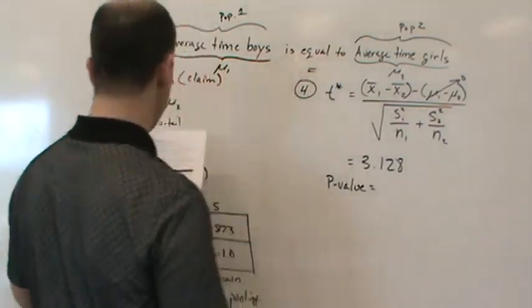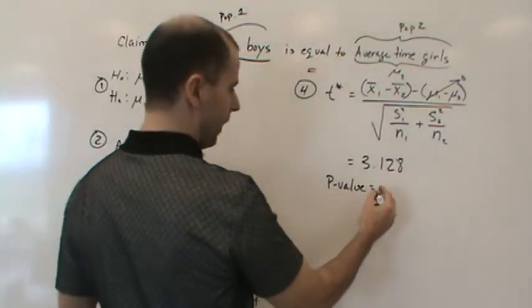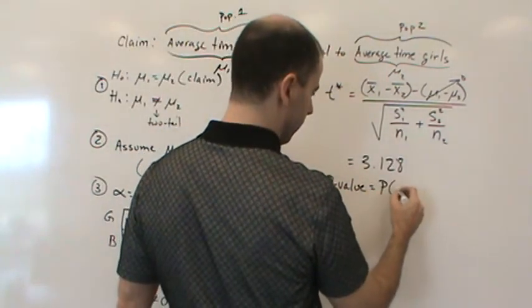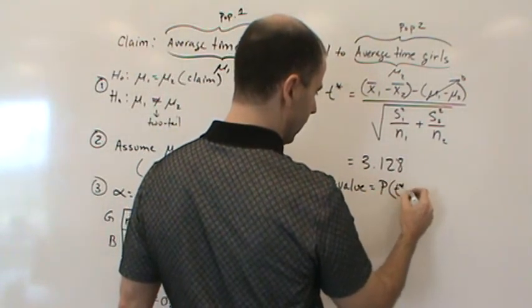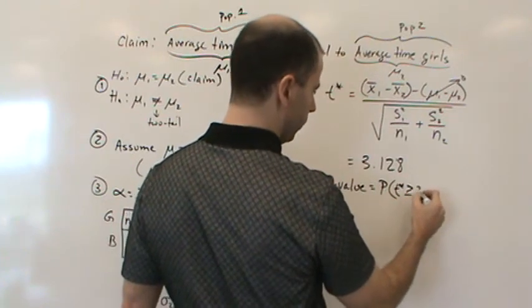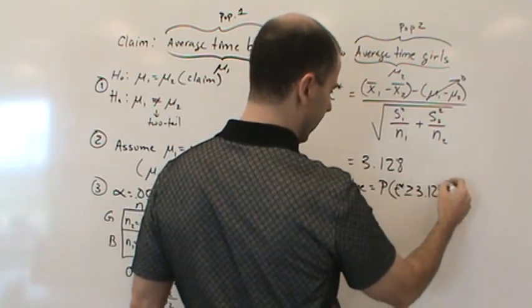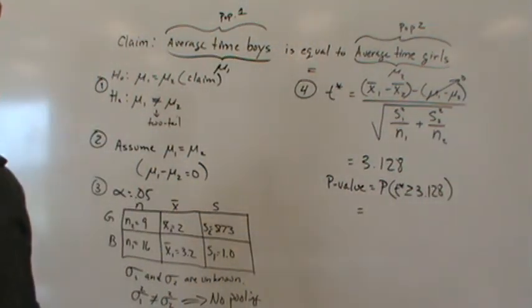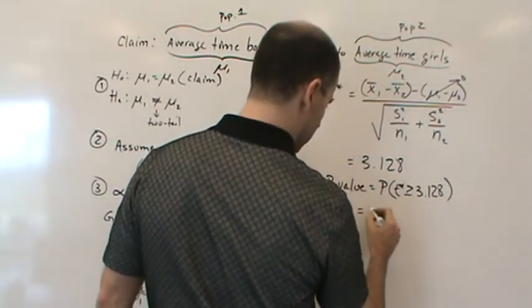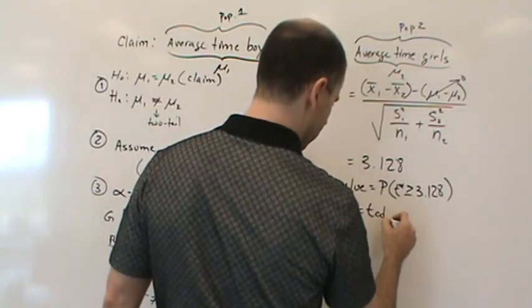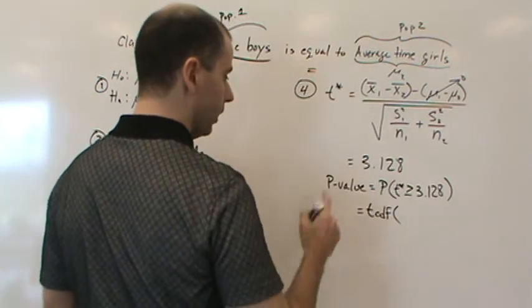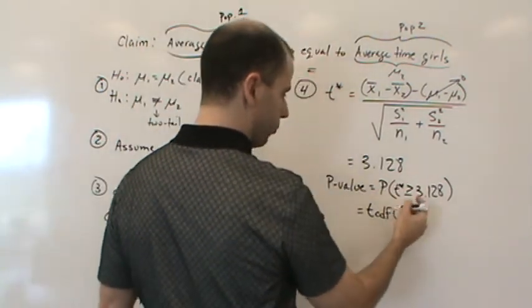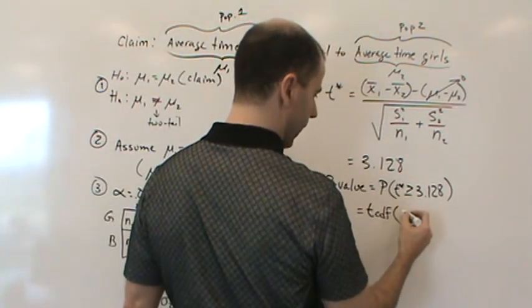So I'm going to find the probability that my t star value is greater than or equal to 3.128. To find that probability, I'm going to use tcdf, and my lower bound is going to be 3.128.